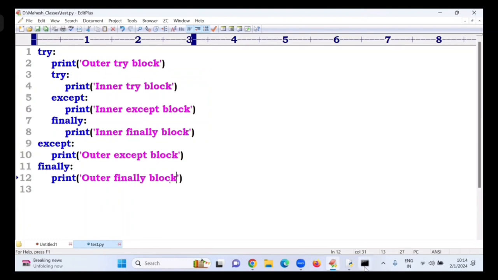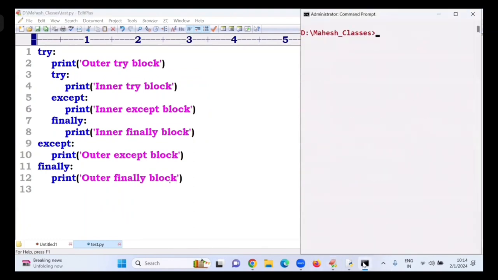If I run the program, what is the output I will get? Which blocks will be executed? Sir, first this will be executed, the outer try block.